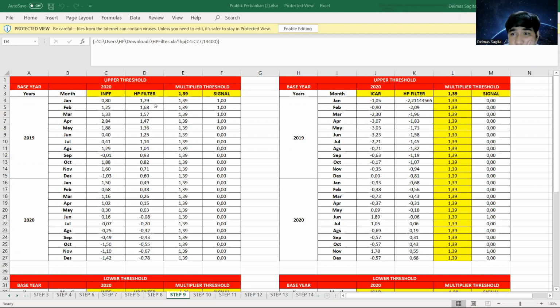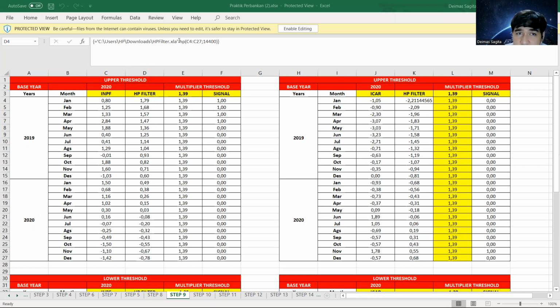So in here we try to find the HP filter for the upper threshold and the lower threshold. First, we need to download the HP filter in Google. Just type HP filter and then just download, and then add it into our Excel.